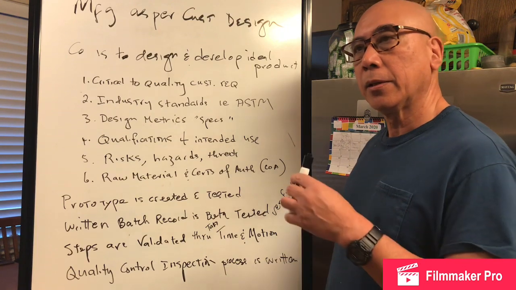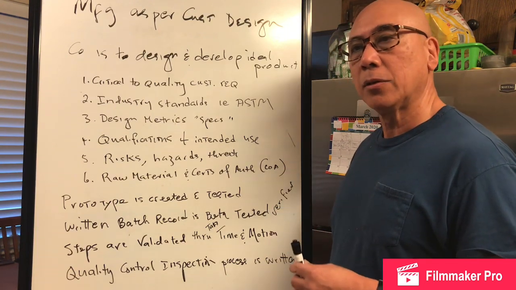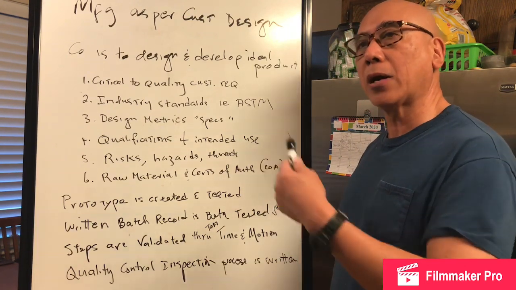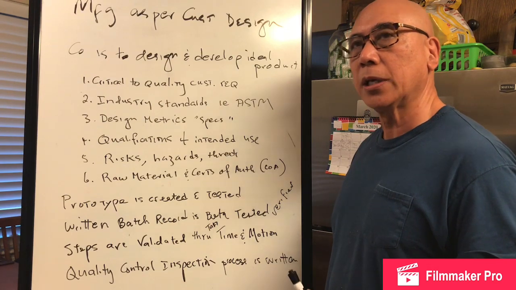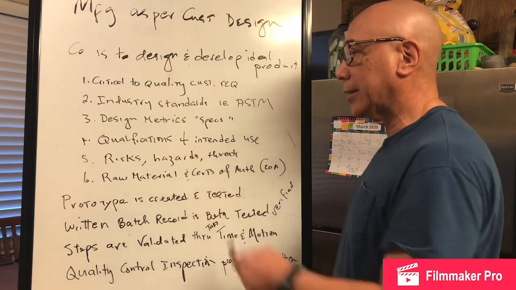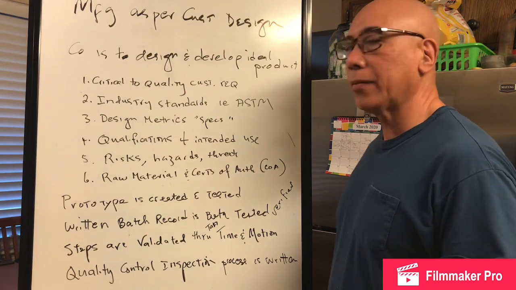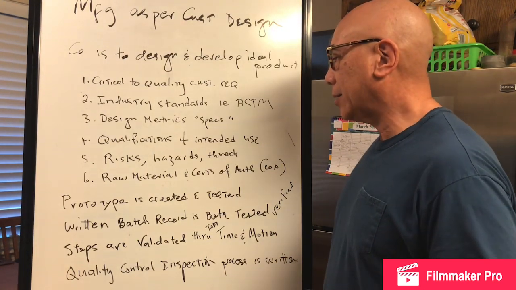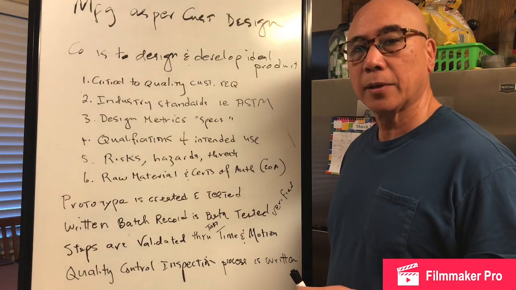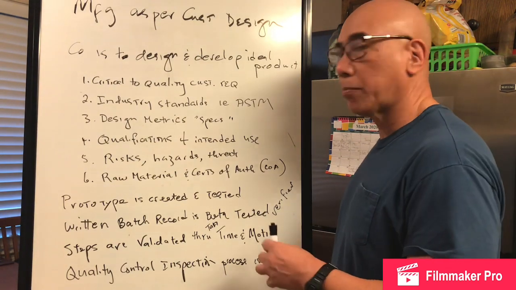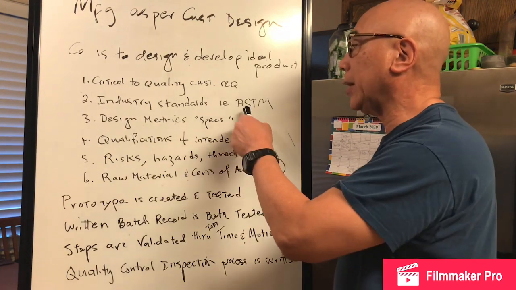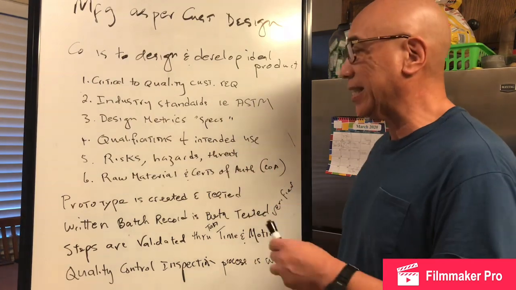Okay? The testing for it shows that people with autoimmune disorders have passed that test, that qualification for intended use. Number five, what are the risks, hazards, threats of you making a wrong product or any of the particular raw materials that fit in it?